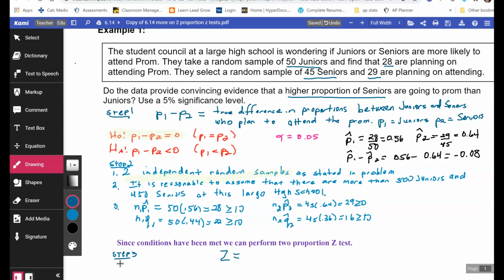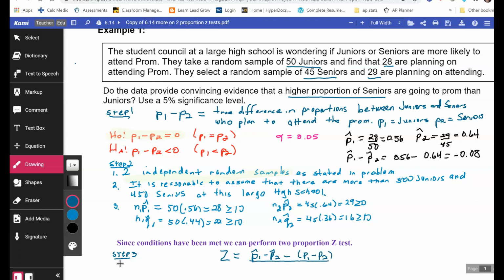The next thing you want to do is enter the statistic minus the parameter over the standard error. The statistic is the P1 hat minus the P2 hat. The parameter is P1 minus P2.